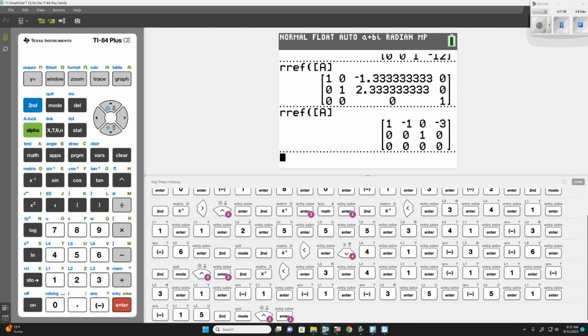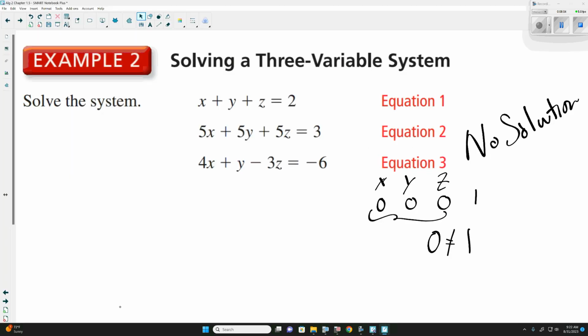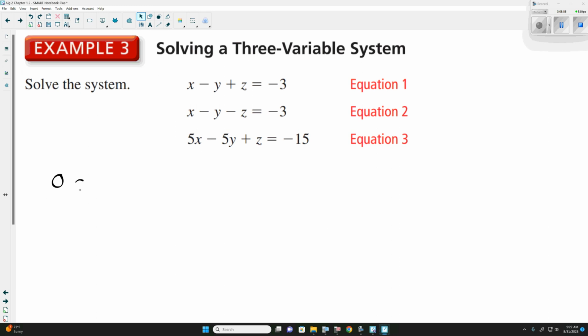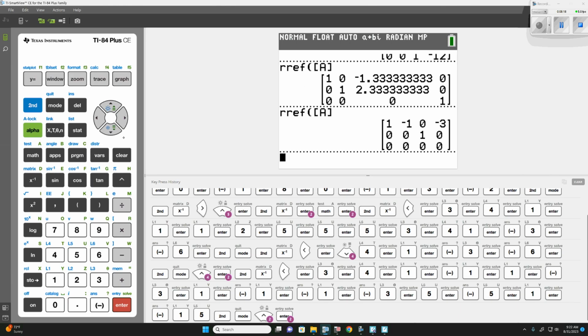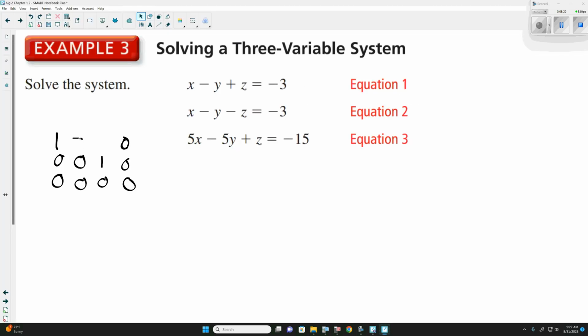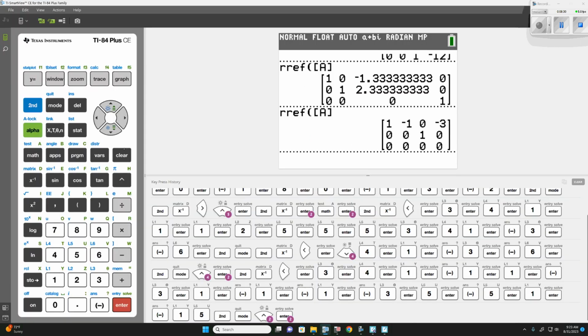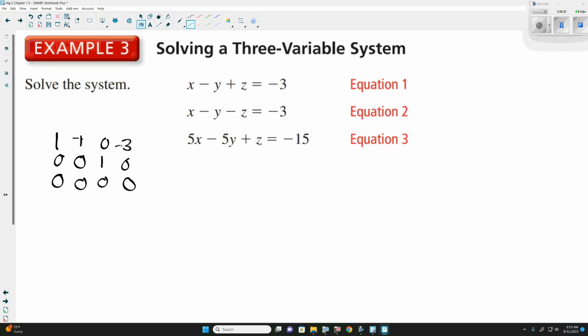That is giving us almost the same thing we had before, but this time we get this here.